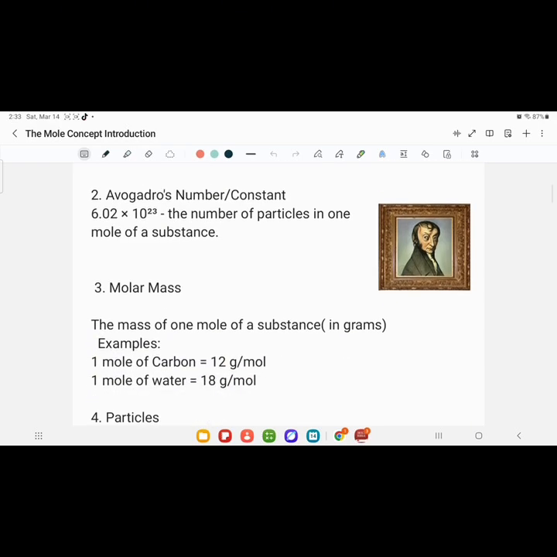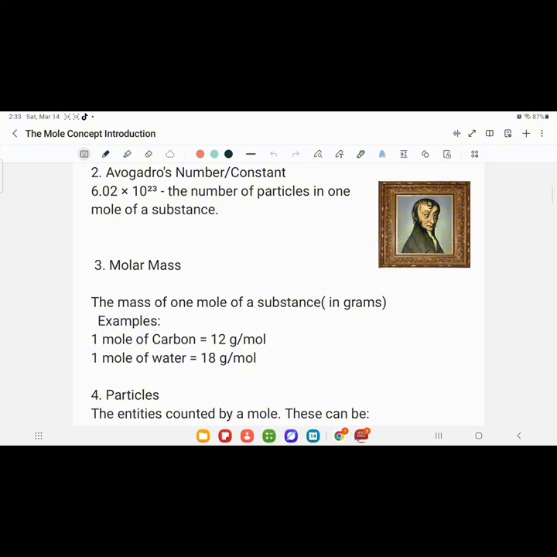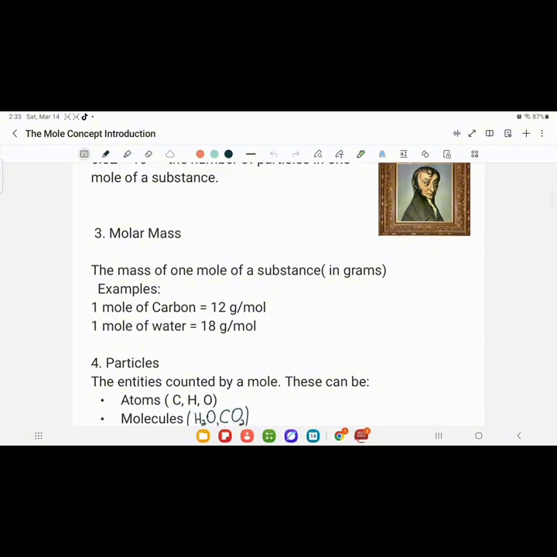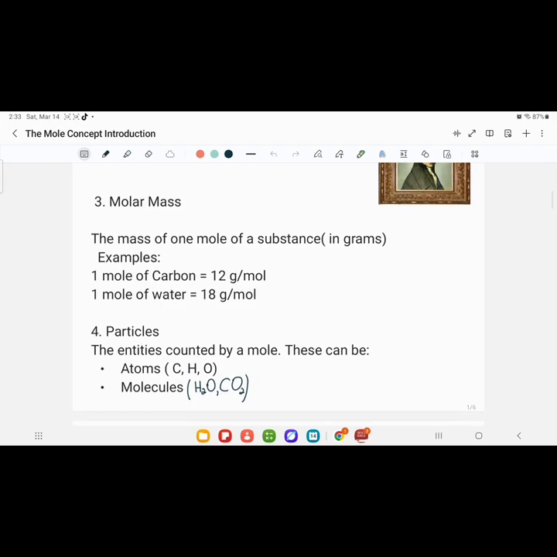The molar mass of 1 mole of a substance is in grams. For example, if I have 1 mole of carbon, that tells me there's 12 grams per mole, or 12 grams within that 1 mole of carbon. So too with water.